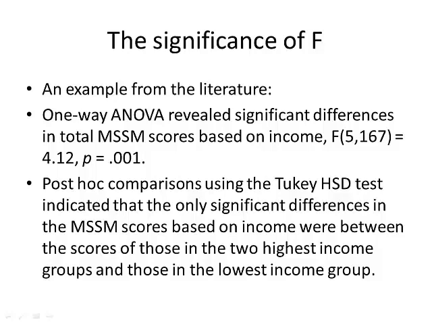So there was a difference between people in the lowest and the two highest income groups, but maybe not between people in the groups in the middle, for example, and the lowest and the highest groups. So if you look at the article, we make that distinction more clear. But that's the sort of statement that you would see in the research for results of an ANOVA.